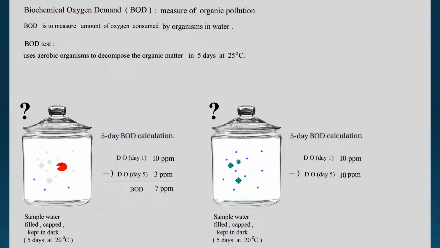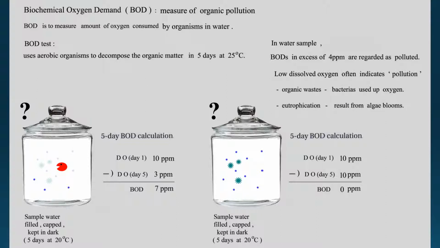After 5 days, still 10 ppm. The difference in BOD is very low, indicating very few bacteria. So in a water sample, if BOD is more than 4 ppm, it means pollution by bacteria.